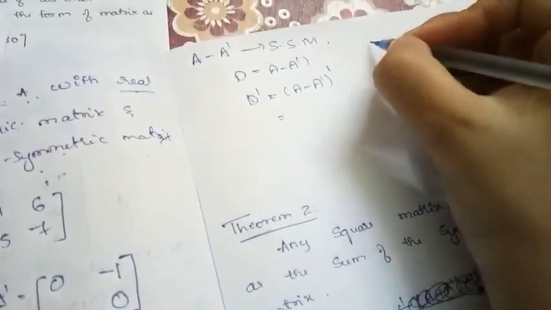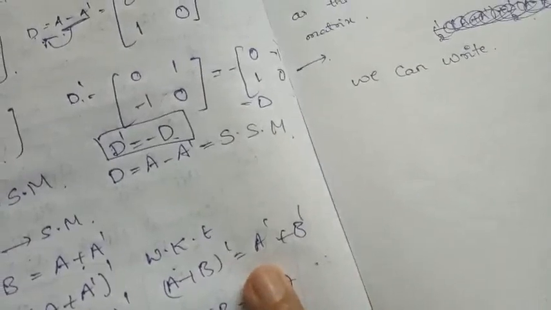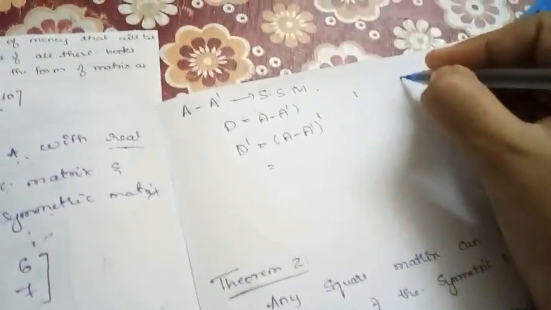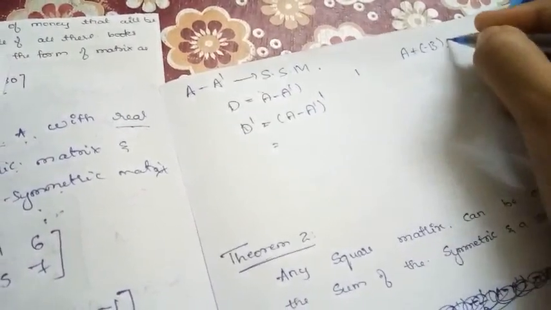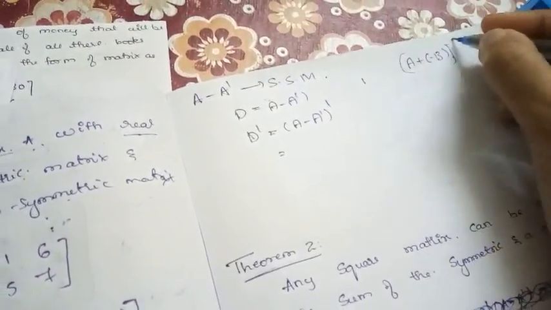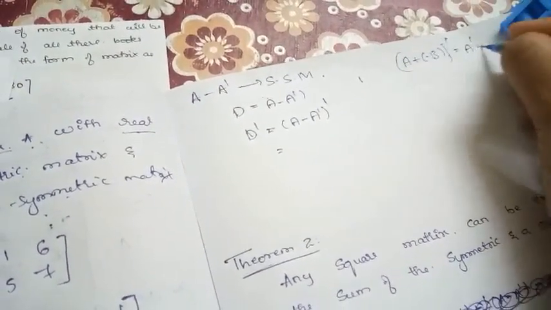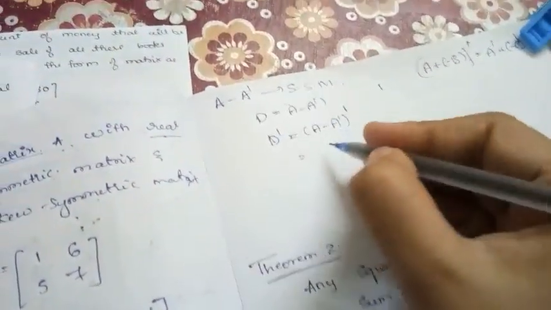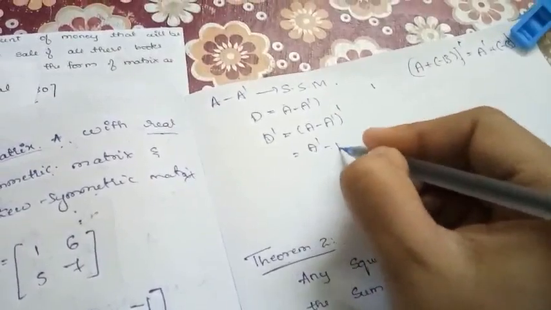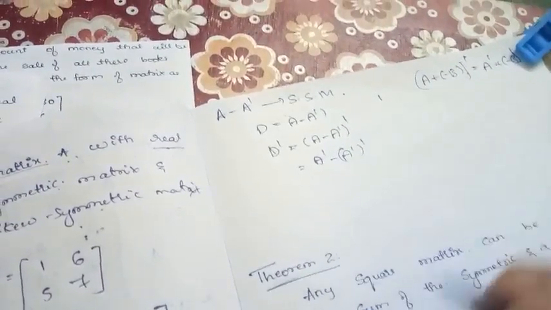We know this property for addition, but when it comes to subtraction, it is nothing but A plus of minus B. A plus of minus B whole transpose is equal to A transpose plus minus B whole transpose. So this becomes A transpose minus A transpose whole transpose.